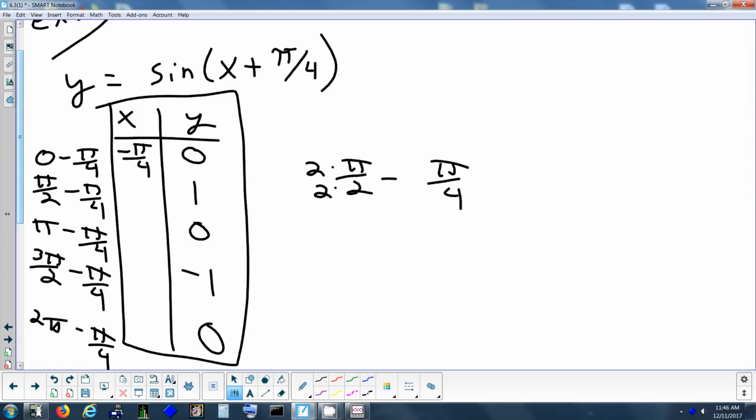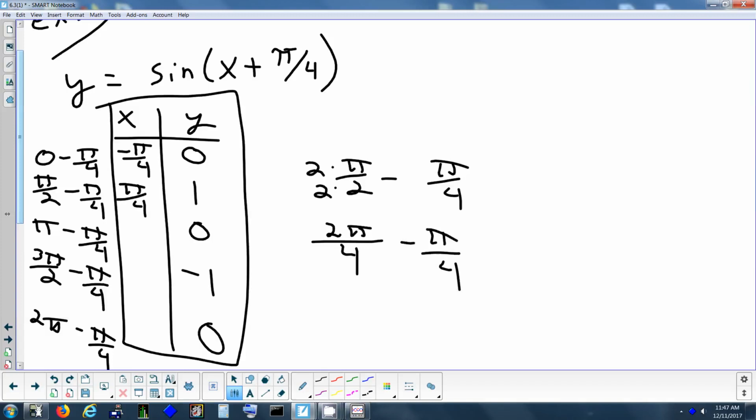If you multiply 2 times pi, you get 2 pi. 2 times 2, you get 4. 2 pi over 4. So what do you get when you subtract? Pi over 4.